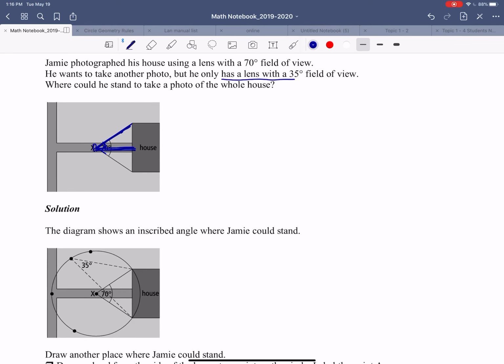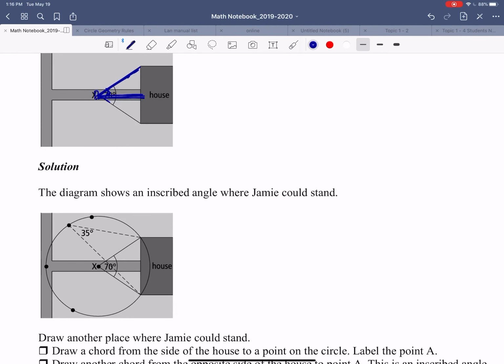Now we are using the principle of our circle geometry rules. Let's say this is the center of the circle. Anywhere he stands on the edge of the circle, he can take the picture of the whole view, because this 35 is half of 70, and they share the same arc, which is the same chord, which means this is the range of the entire house.